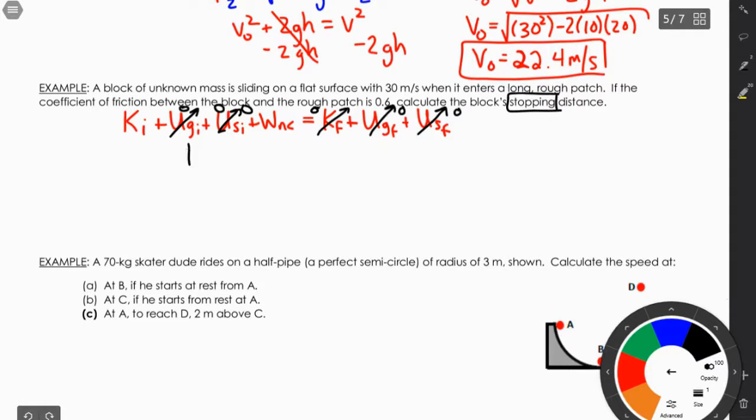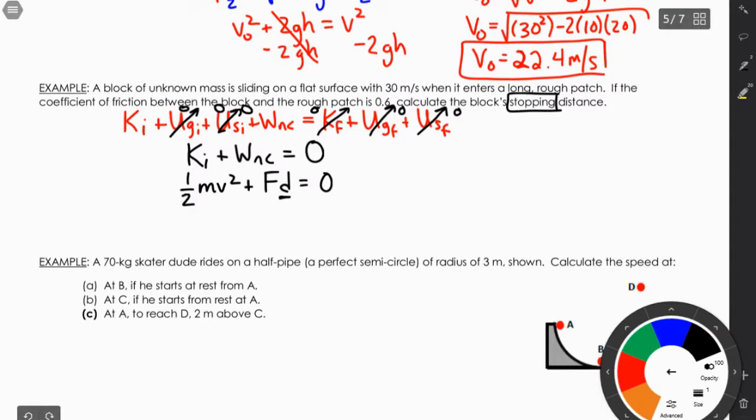So what's left? Ki plus work done by non-conservative force equals 0. What we're looking for is contained in the work done by non-conservative forces. So we have 1/2 mv squared plus Fd equals 0, and this d is what we're looking for.